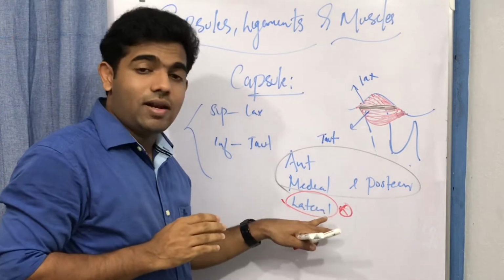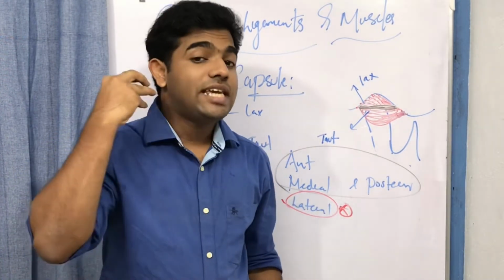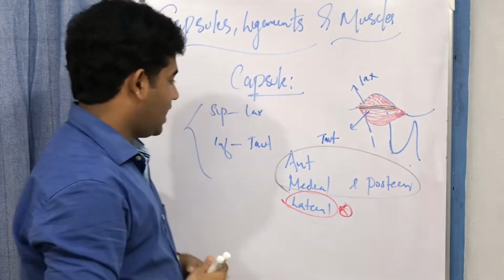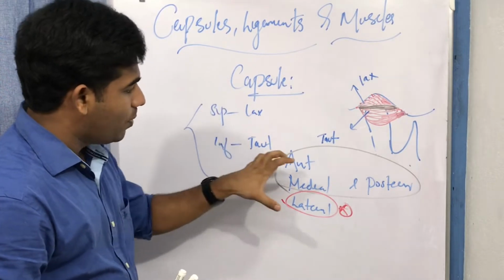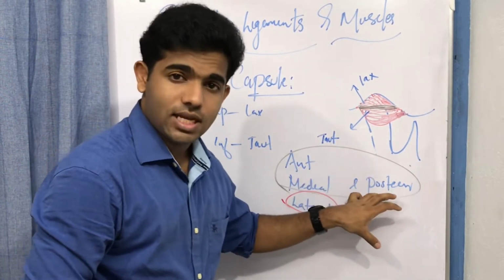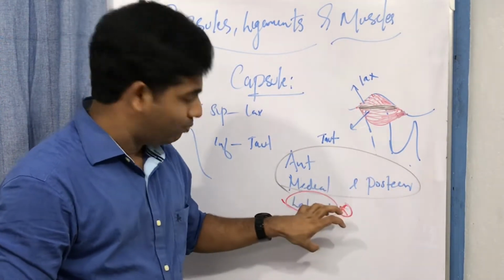The lateral aspect of the capsule is reinforced by some ligaments, which you will see later. Let us once again revise the capsule. It has an anterior portion, a medial portion, a posterior portion, and of course a lateral portion, which is very important.